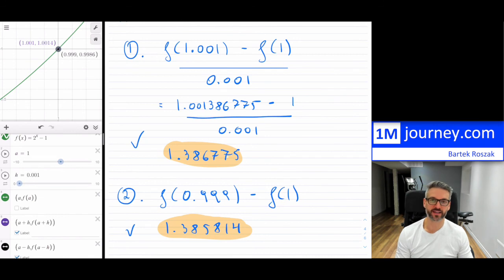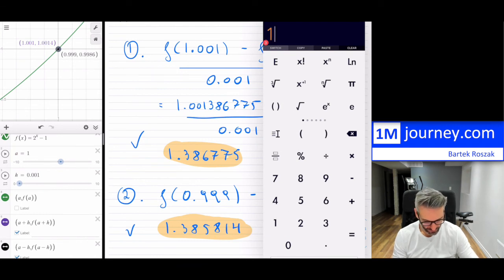So if I add these two up, now I can find the average. You can use as many decimals as you like and just keep them in here. So we have 1.385814, and then we divide our answer by 2.